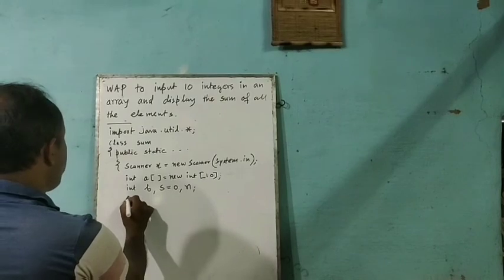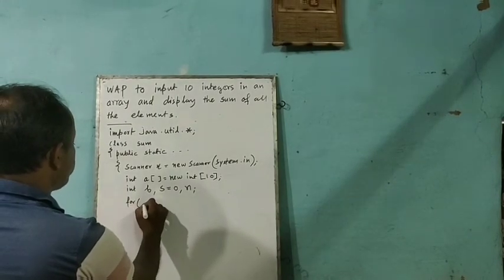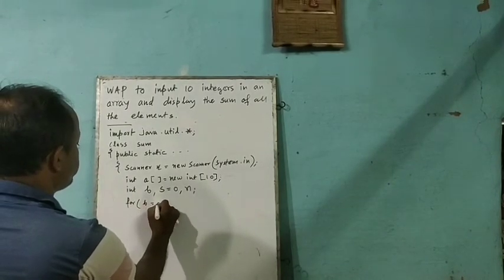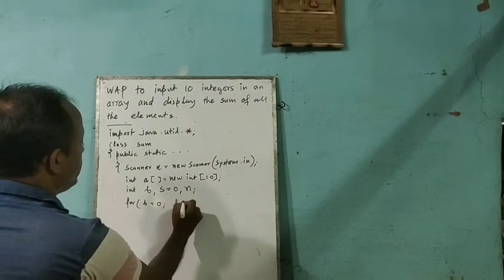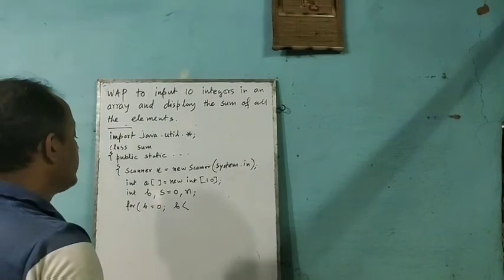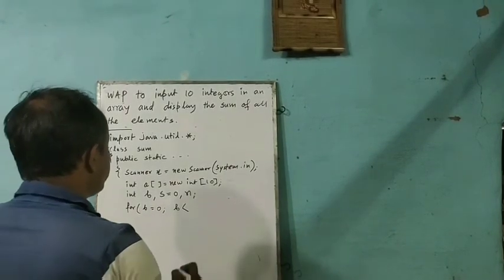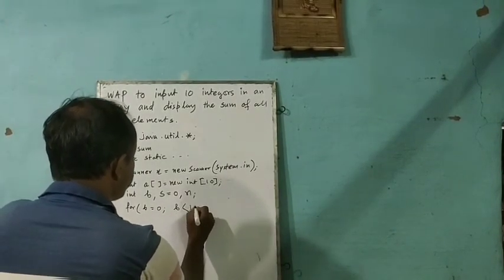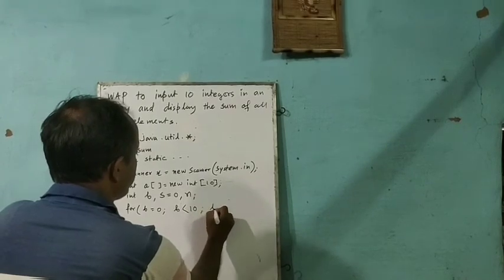We'll create now one for loop: for b = 0, b less than, it will be 1 less than the size of the array, so b < 10, b++.